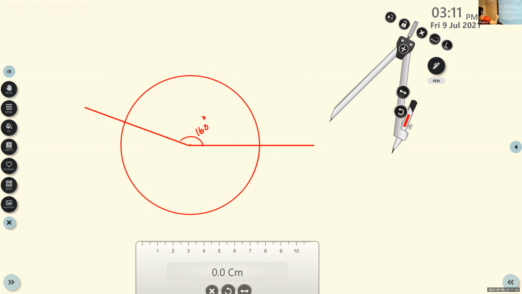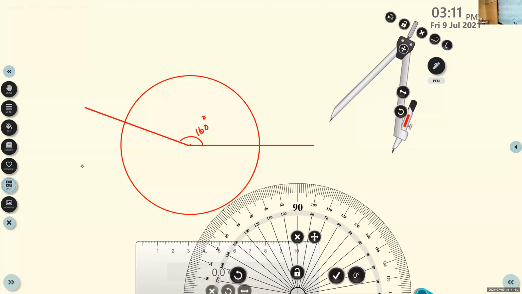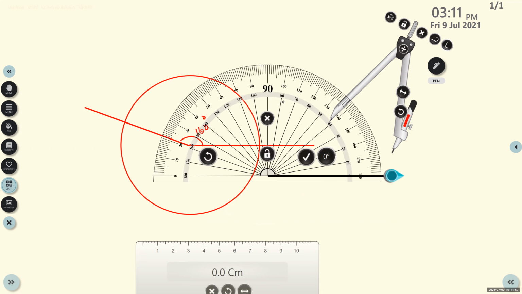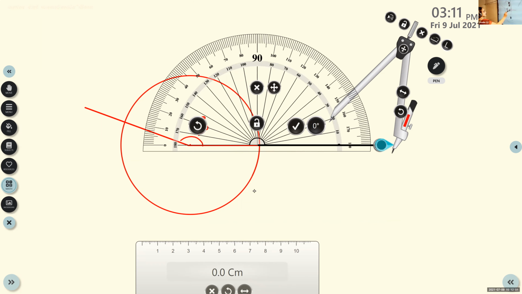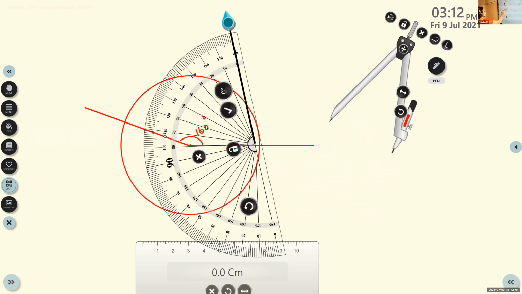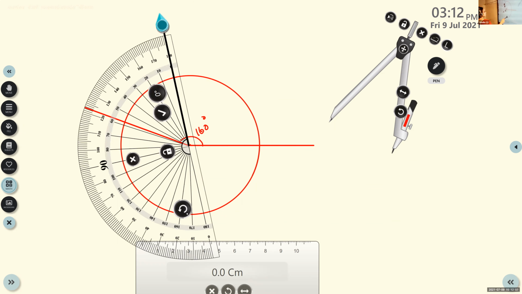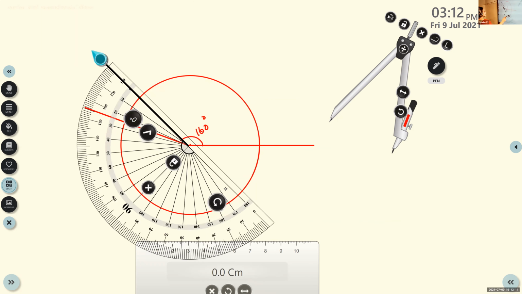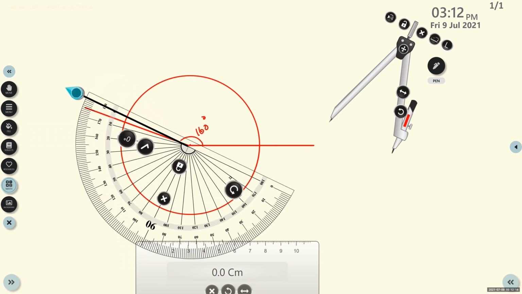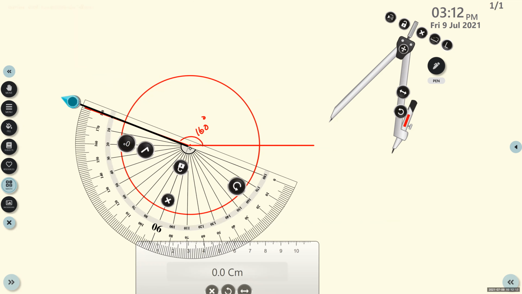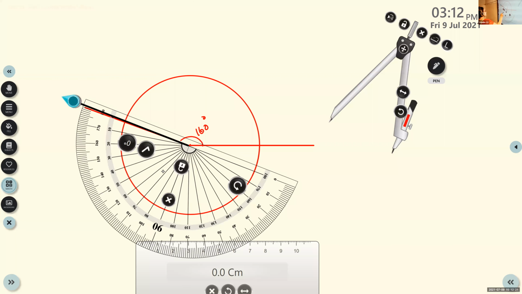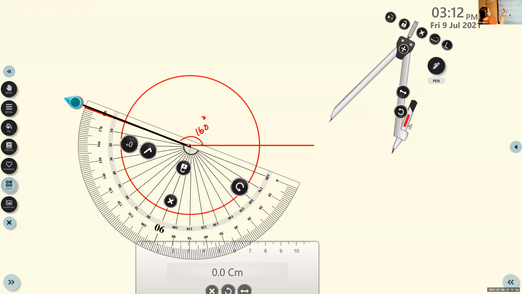And then again from that line, fix the center of the protractor to coincide with the center of the circle, and the line of the protractor to coincide with the new radius formed.